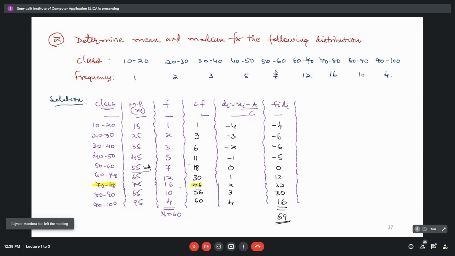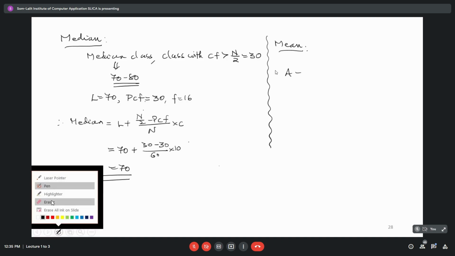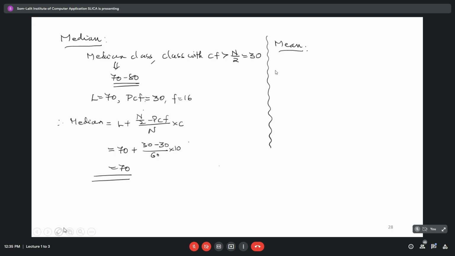Okay, and therefore now use the formula for the average, which is x bar equals a plus sigma f_i d_i by n into class width. So what is a here?